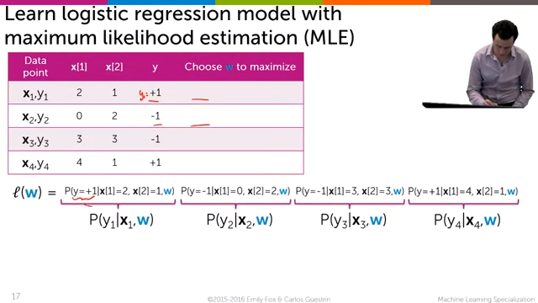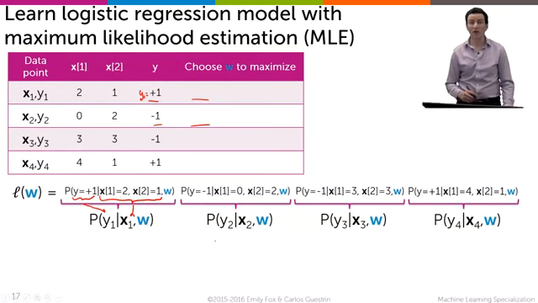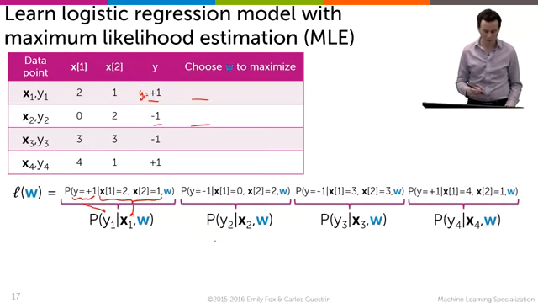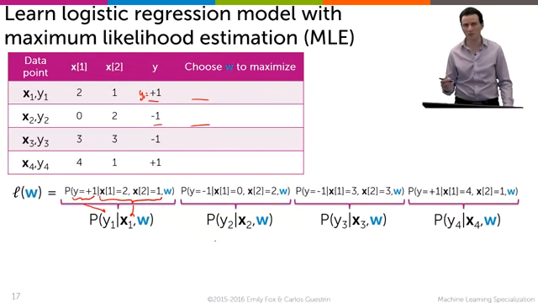The y1 comes from this +1, and x1 comes from this representation of x, and similarly for the other ones. So the notation doesn't get long and heavy, we just say the probability of y1 given x1 and w, the probability of y2 given x2 and w, the probability of y3 given x3 and w, and we're just multiplying them together.